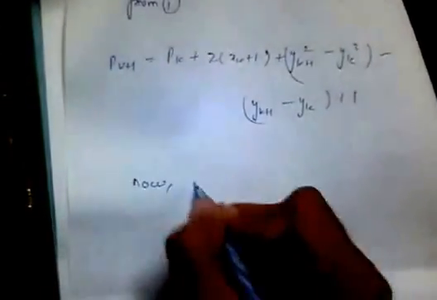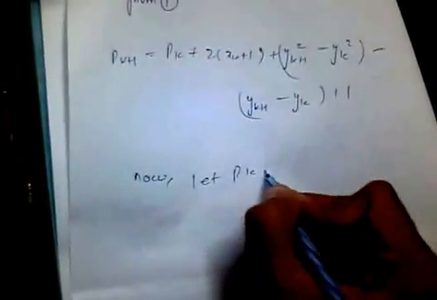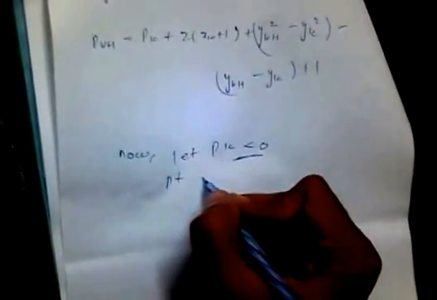I have already said that from 1 we have this equation. This equation I already told you, this is the core equation of the midpoint circle algorithm. Now let pk be less than 0, then the point will be xk plus 1 comma yk.